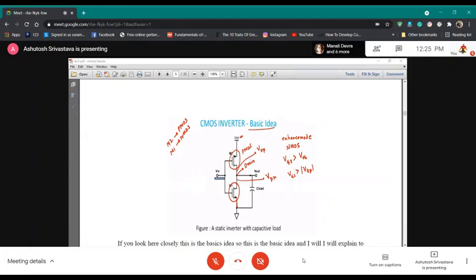So for the same output, or any Boolean expression related to any circuit, if it uses more transistors, it is not good for the overall circuit design because it will be using more resources that would consume more power.